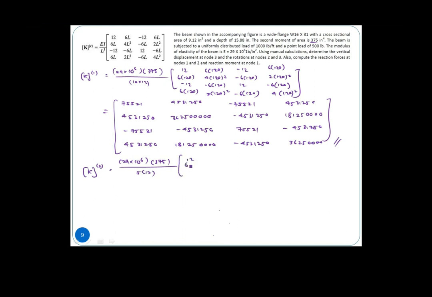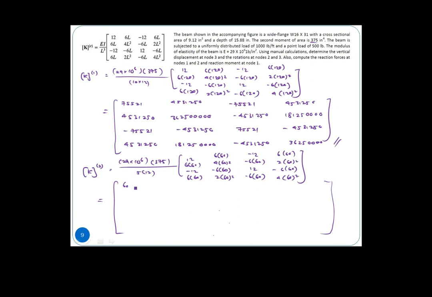So we have 12, 6 times 60, negative 12, 6 times 60, 6 times 60, 4 times 60 square, negative 6 times 60, 2 times 60 square, negative 12, negative 6 times 60, 12, negative 6 times 60, 6 times 60, 2 times 60 square, negative 6 times 60, 4 times 60 square, right? So it will give us the 4 times 4 matrix here.